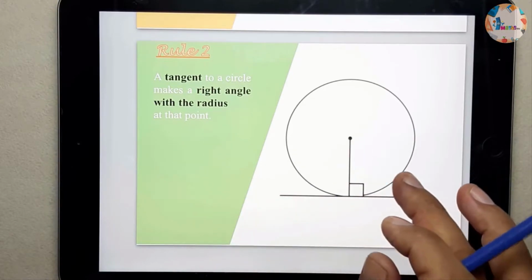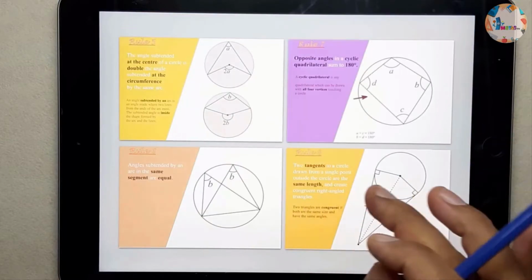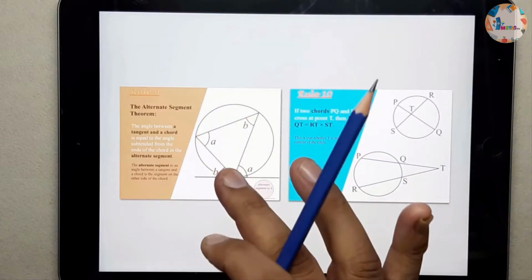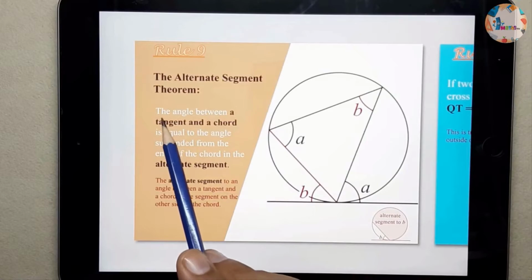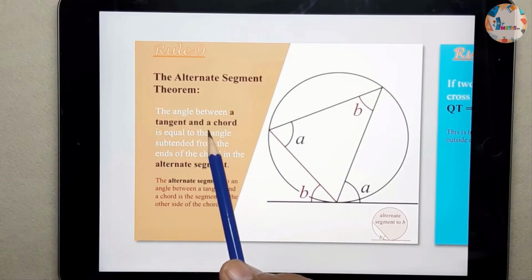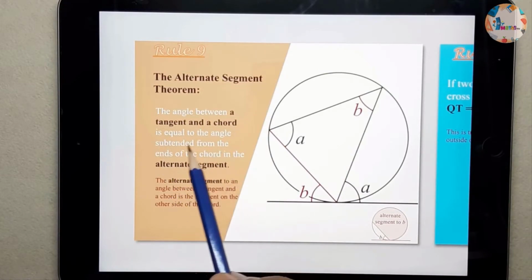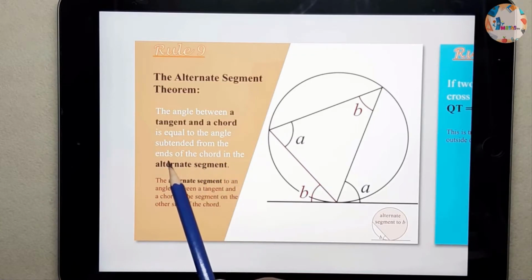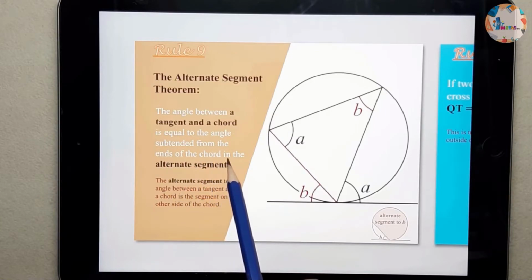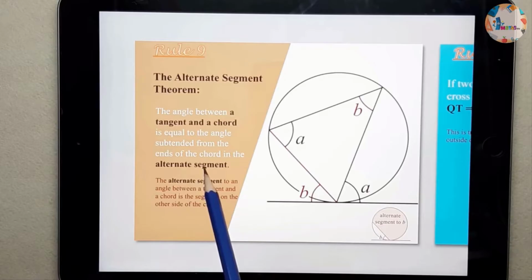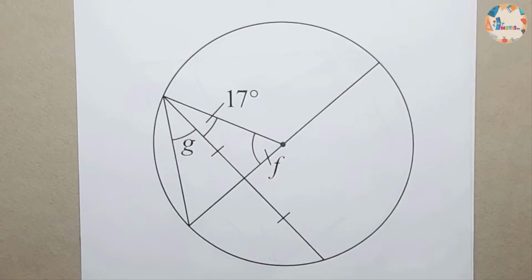This will be the justification. And the second justification will be this one: the angle between a tangent and a chord is equal to the angle subtended from the ends of the chord in the alternate segment. This is the second practice question which we have selected.